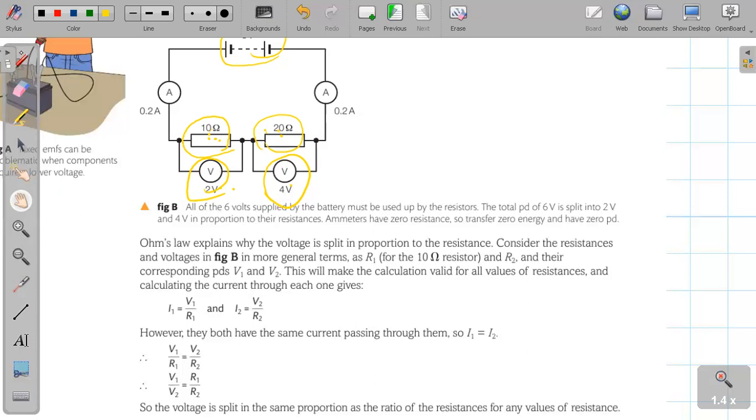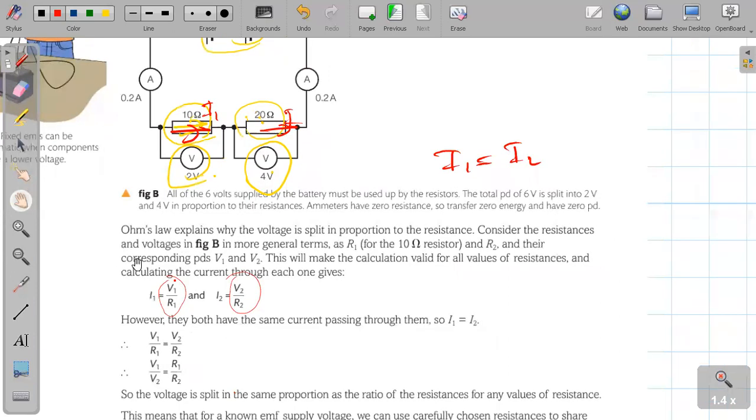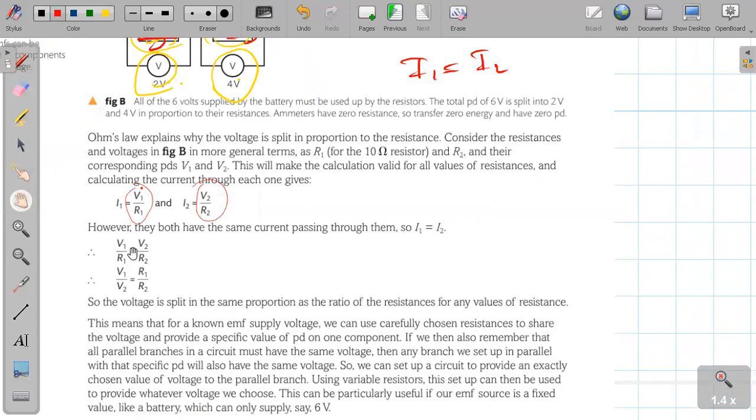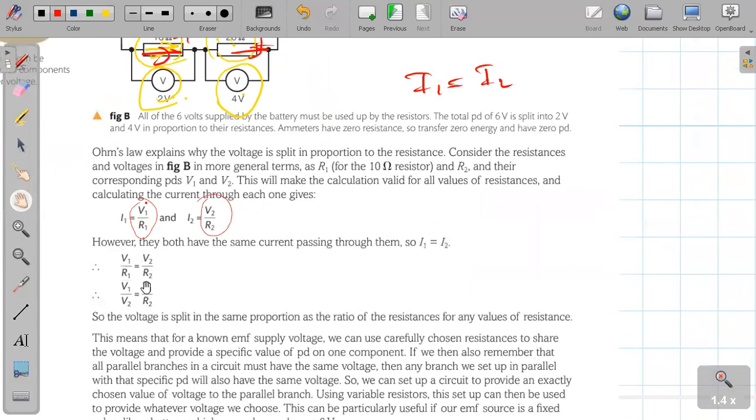Okay. So I know that the current through this one is constant. If I consider this one I1 and this one I2, we know that I1 should equal I2. So what is V according to Ohm's law? I1 equals V1 over R1, and this one equals V2 over R2. So we can equate I1 to I2: V1 over R1 equals V2 over R2.